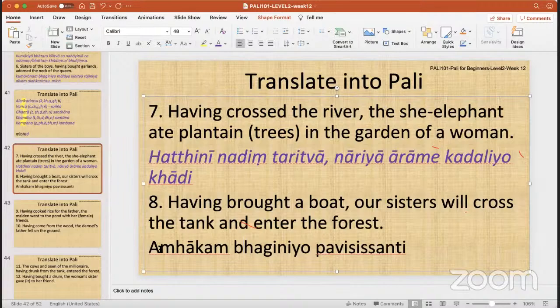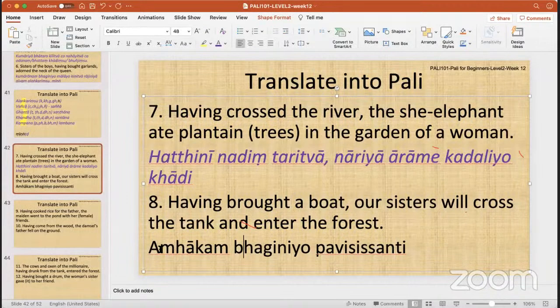Okay, Amhakam. Bought. Why bought? Amhakam Nava, bought, or what? Our boat. Do we have our boat? Oh, brought, I'm sorry. Having brought a boat. Our sisters, right? Not our boat.